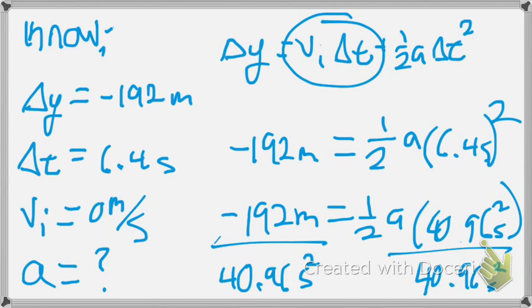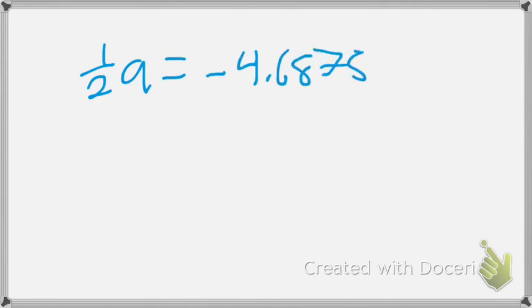I'm running out of room to write here, so I'm going to do a little bit of erasing of my board. But what we should wind up with is 1/2 acceleration is equal to negative 4.6875. We're going to want to go ahead and multiply both sides by 2 to get rid of that half.